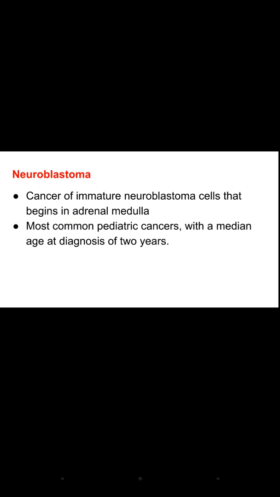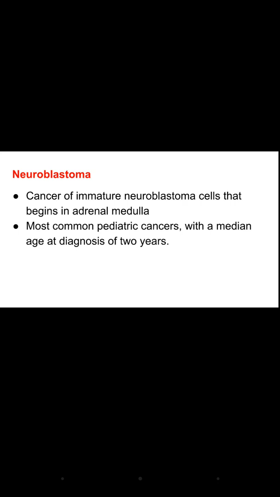So I will repeat: when the fetus is in the fifth week of development, these neural crest cells start migrating along the spine, and in the thoracic region, these will differentiate into the neurons of the sympathetic chain, right? But in the lumbar region, these will differentiate into the cells of the adrenal medulla.